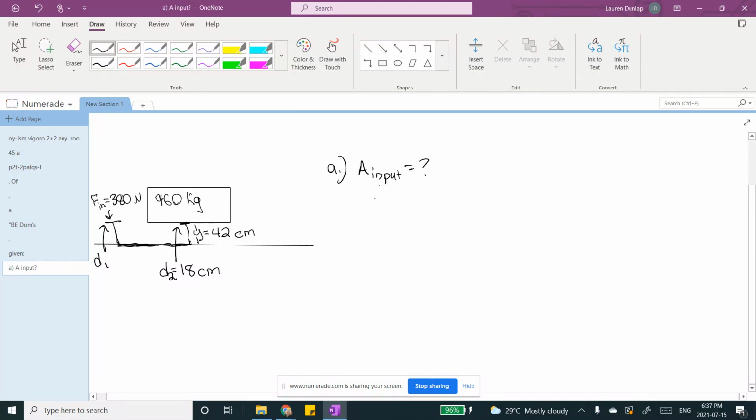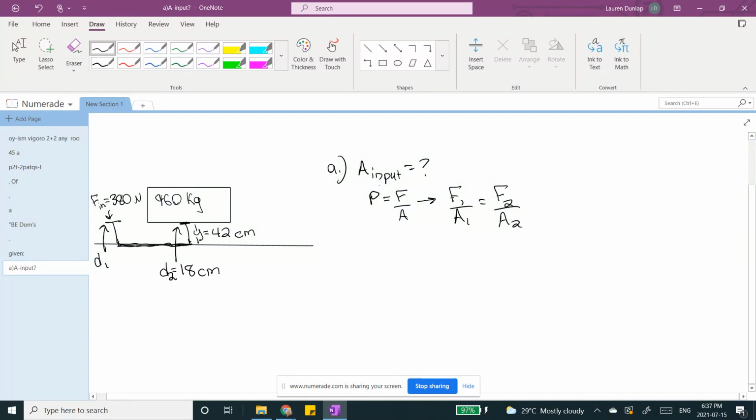So for this, we can use the relationship that P equals F over A, and this is constant, so that means that F1/A1 equals F2/A2.